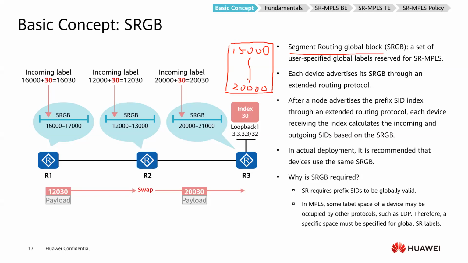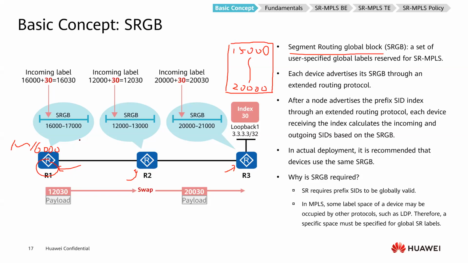So why do we need the SRGB? It is because maybe at a different router, the MPLS label range left is different. For example, in R1, I am using labels from 1 to 16,000. R1 has already used these for MPLS, LDP, RSVP-TE.